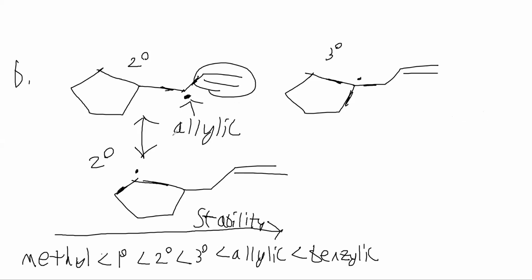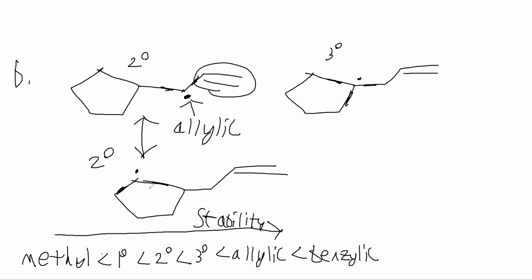So if we use this stability trend going from left to right, we can determine what is the most stable. I wouldn't really recommend memorizing this sort of graphic, but you should understand that substitution is important, but things like the double bond or a benzene ring are more important than substitution.